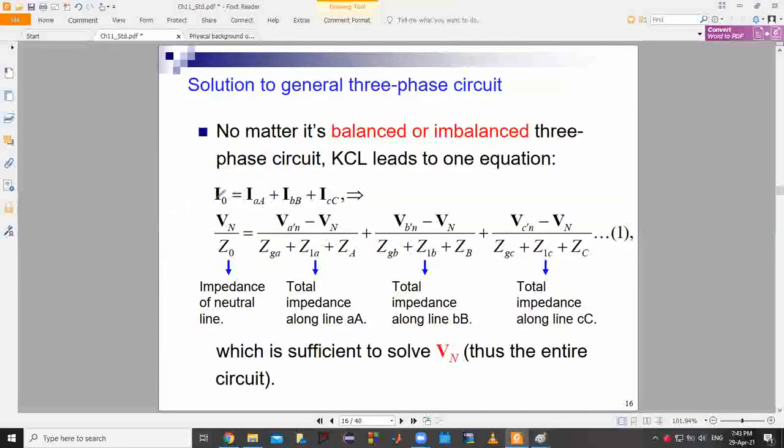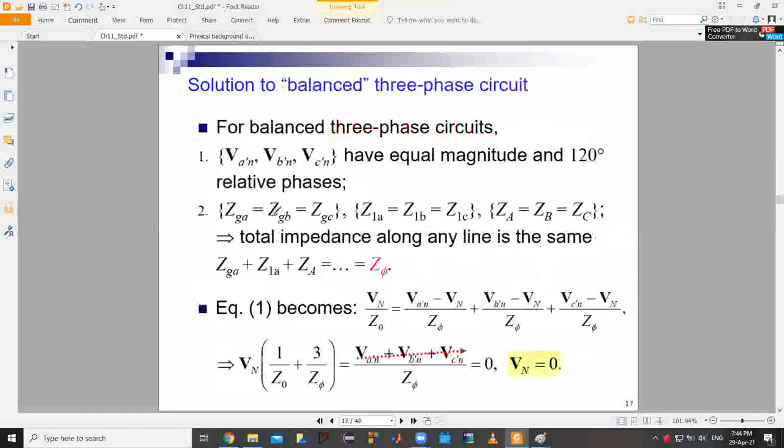We write that, and then we replace the currents with the voltages, and then we can calculate Vn if we know the impedances and the source voltages. So this is a case where it might be balanced or it might not be balanced. We will show what happens when it is a balanced circuit.